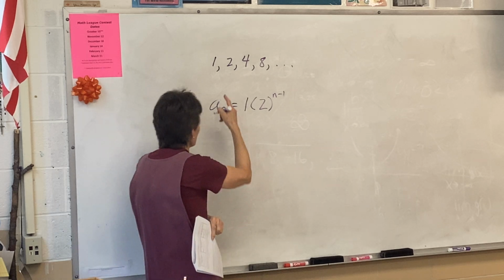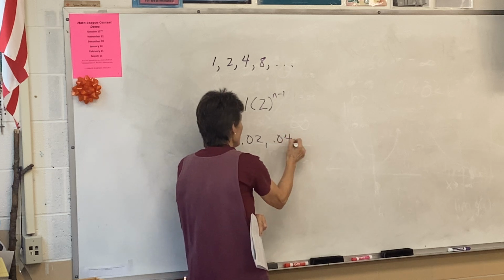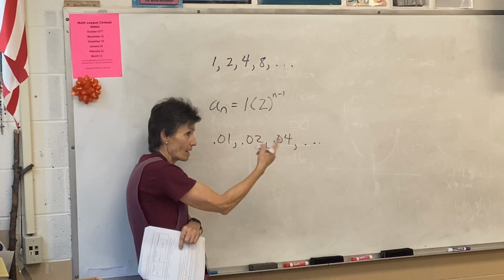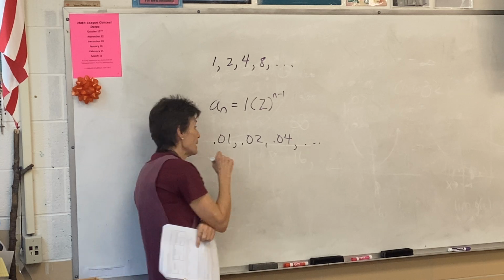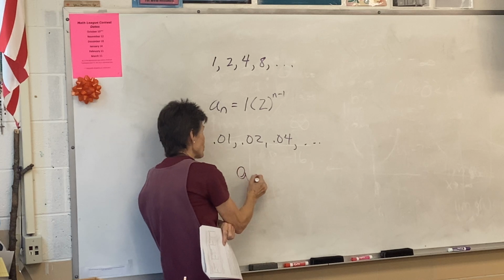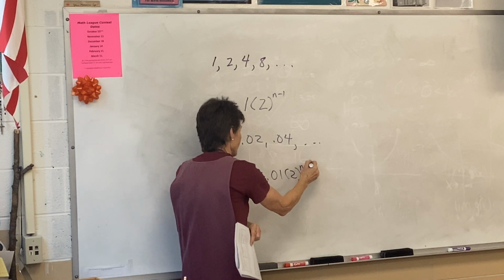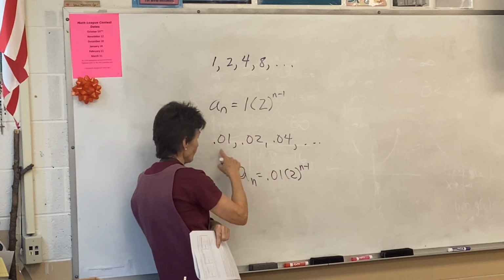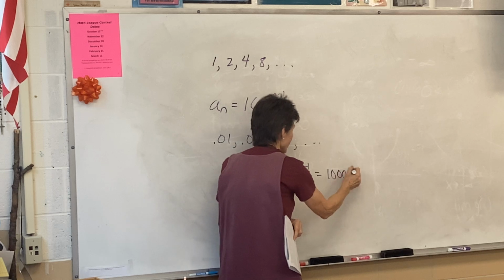So I'm going to think of that as 0.01, 0.02, 0.04, because now my sequence is in dollars. And I need to know which term, now I made my first term 0.01, so which term is $1 million?